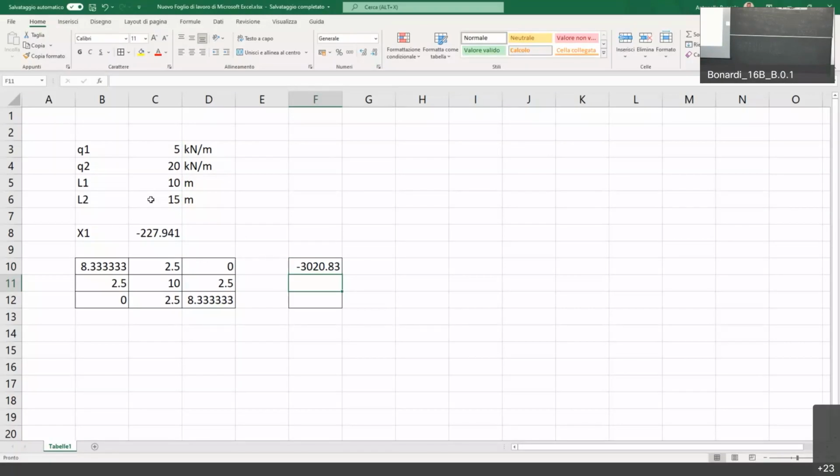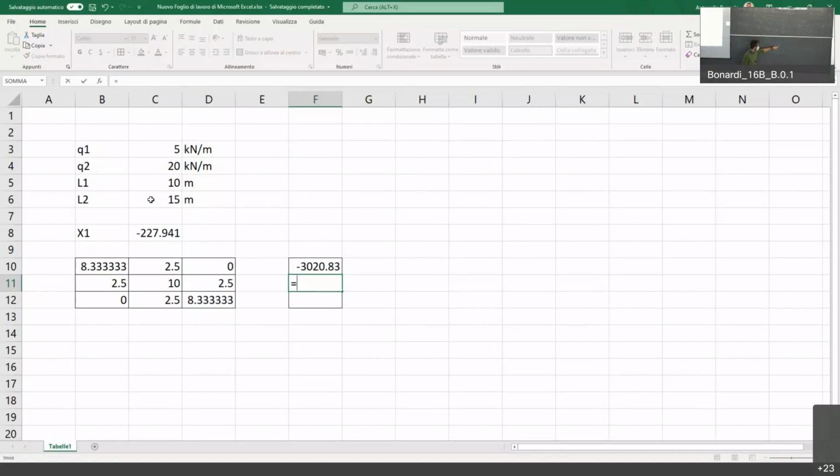Okay. The second term was minus Q2L2 over 3 plus over 12. Obviously, I have inserted the brackets before, not because there is a ratio, but because we have a numerator where we have more than one term and then the denominator.